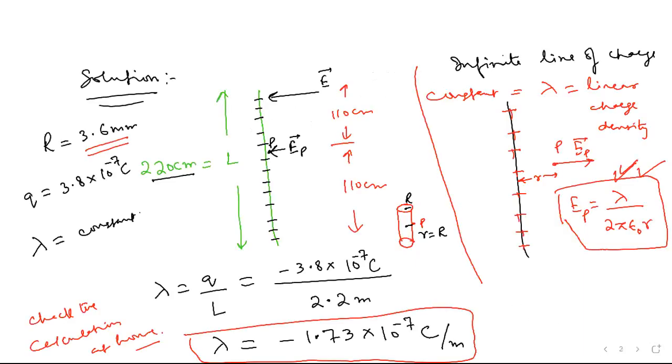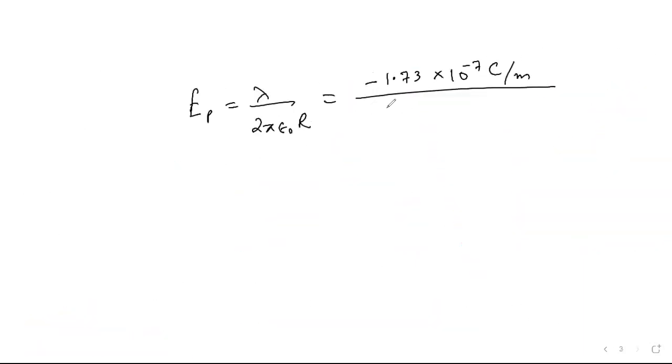We have calculated it. Then I have 2 pi times the value of epsilon naught, which is 8.85 into 10 raised to the power minus 12 coulomb square per Newton meter square.